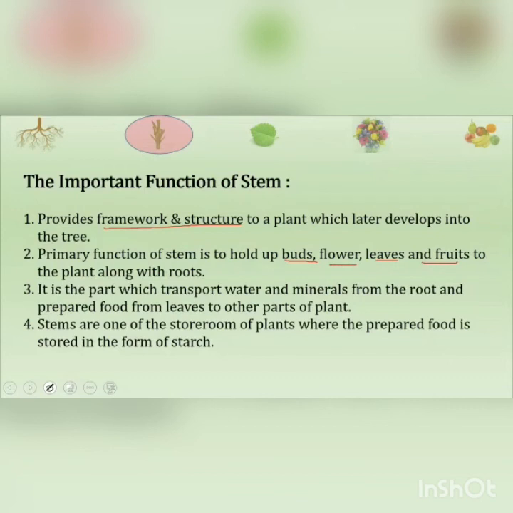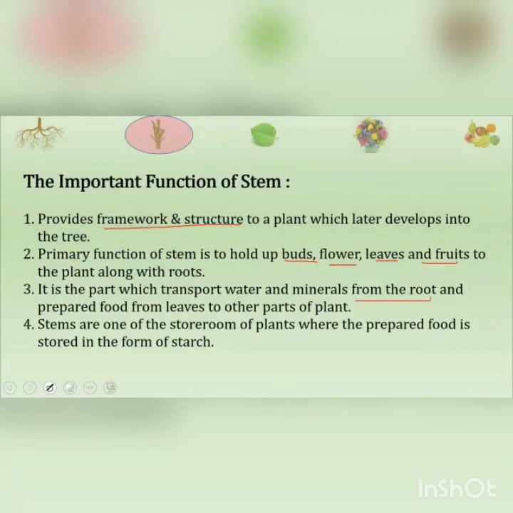It transports water and minerals from the root and prepared food from the leaves to other parts of the plant. What is the function here? It transports water and minerals from the root to other parts of the plant.